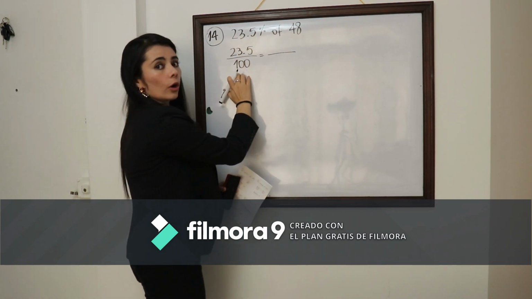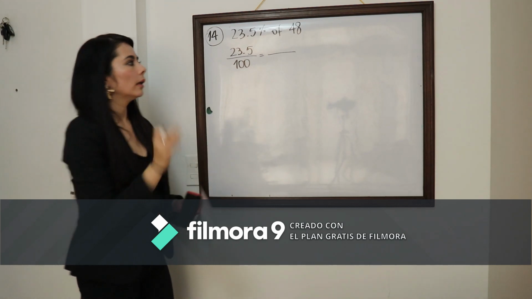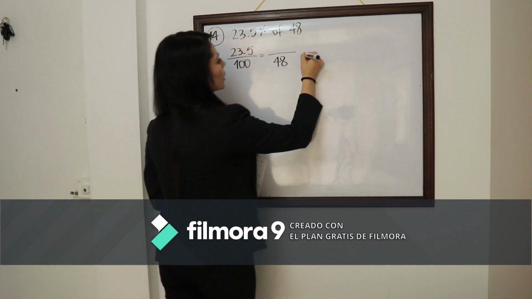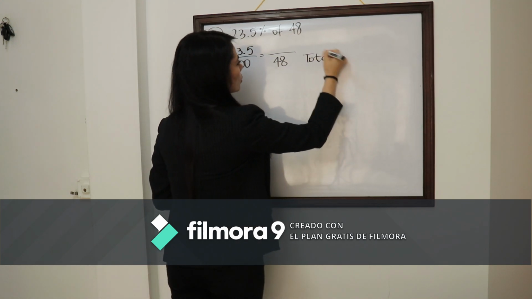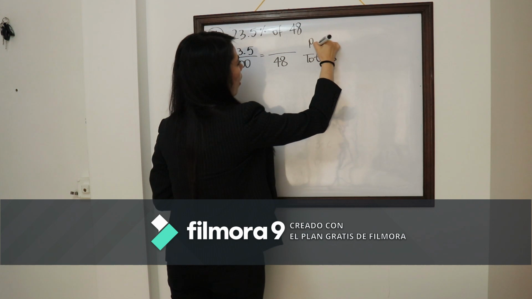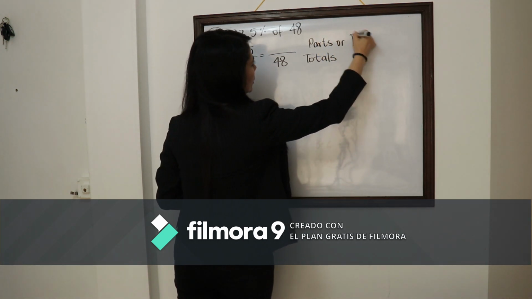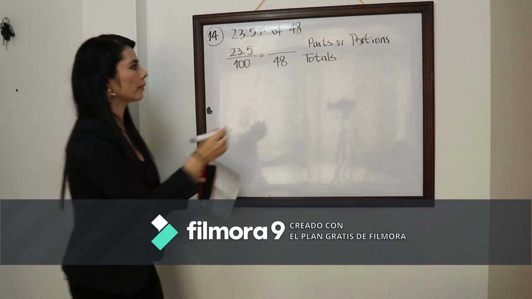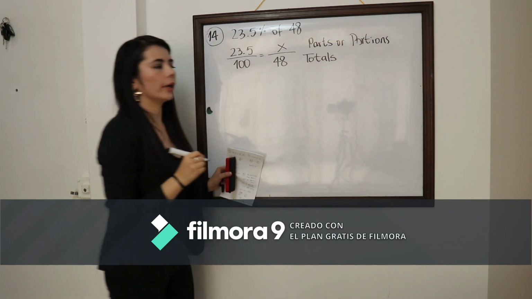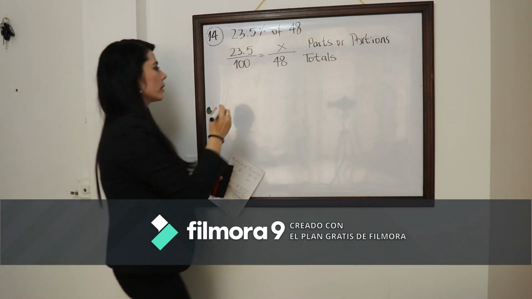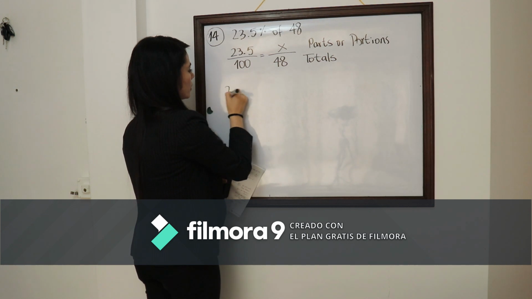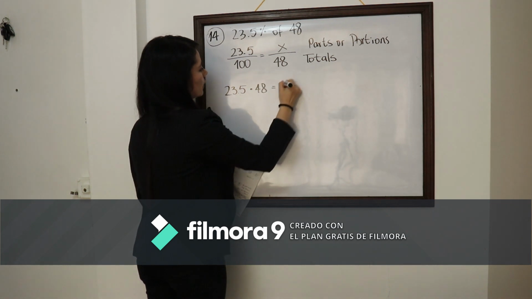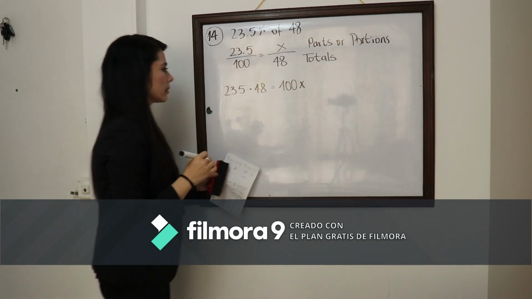Now, if 100 is a total and 23.5 is a portion, then we know the total here is going to be 48. Okay? So here we talk about totals. And here we talk about parts or portions. All right? That easy. And then, of course, the part we don't know is going to be called x. Of course, we need to do cross product, so it's going to be 23.5 times 48, and that's going to be 100x.